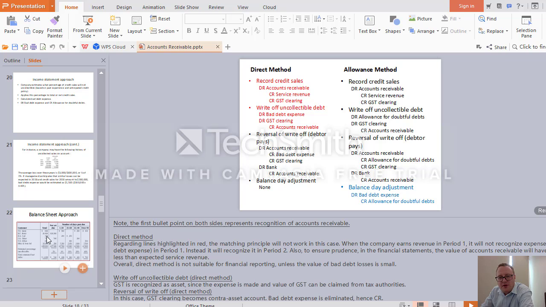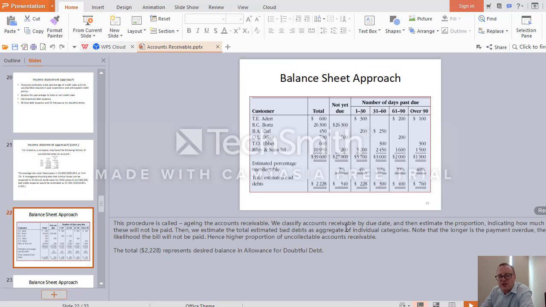First of all, you will do the aging procedure. So you see that here there are different accounts receivable. Some of them are overdue by 30 days, some of them overdue by 60 or more than 60 days or more than 90 days. And then you can find the estimated percentage uncollectible for each period of non-payment.